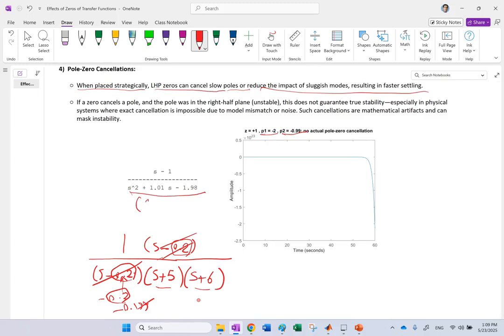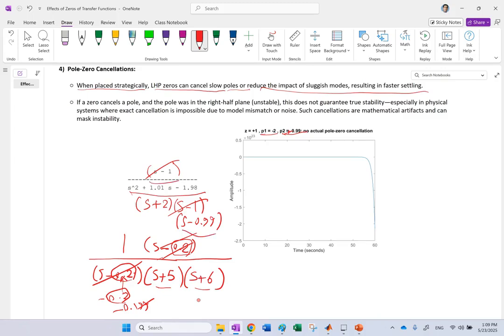So I thought this is like (s plus 2) times (s minus 1). And for that, I added s minus 1 to the numerator to cancel that. But in reality, that pole was at s minus 0.99, it was not exactly at 1. So although these two are very close, they won't cancel each other.